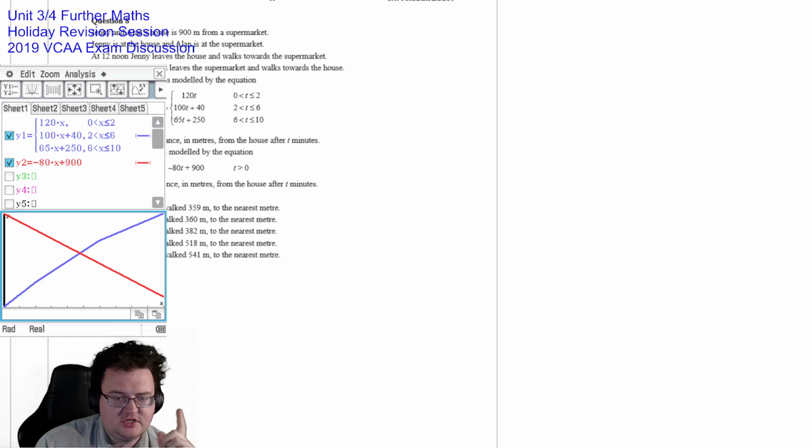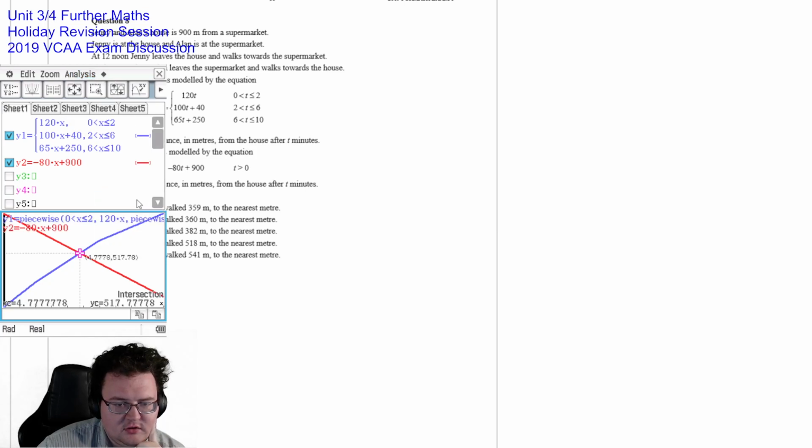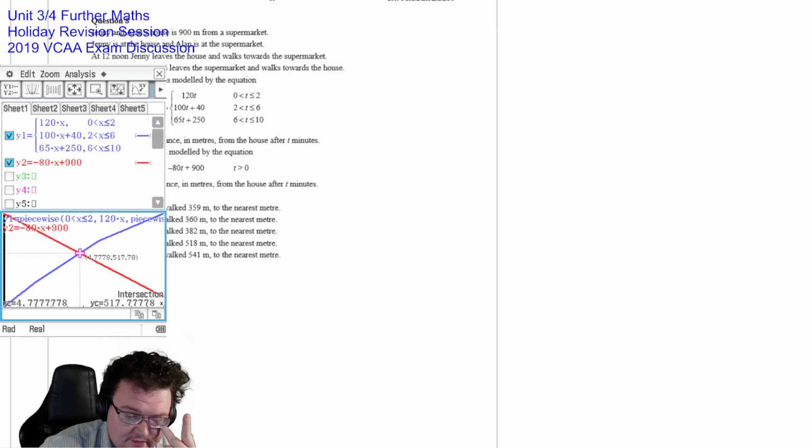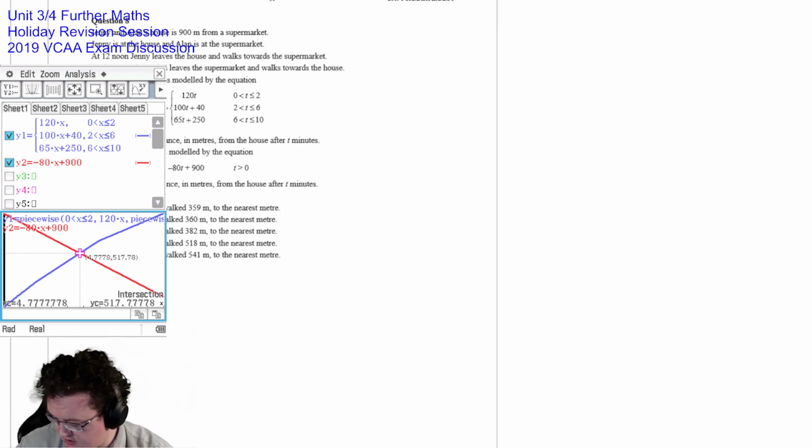So, where do they cross over? Analysis, GSolve, intersection. 4.77777777. So that means it's going to be something over 9. 0.77 is 7 over 9.